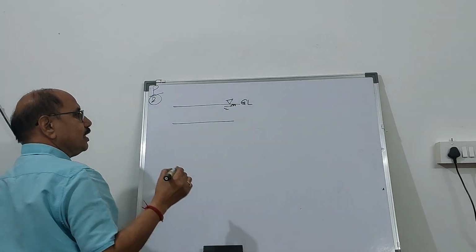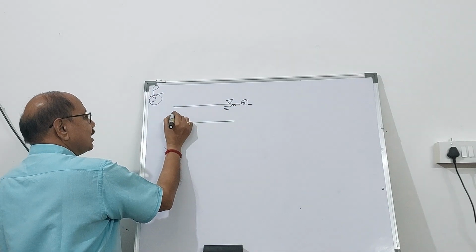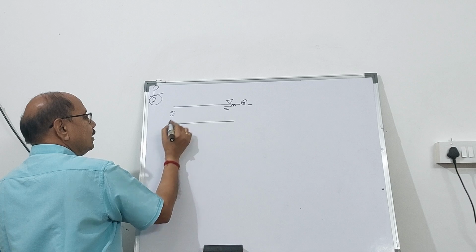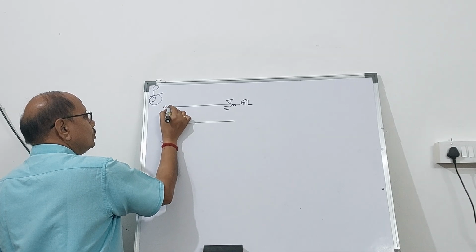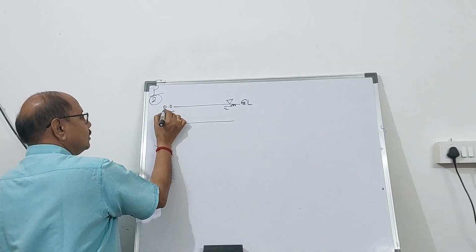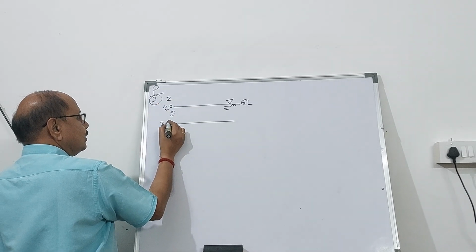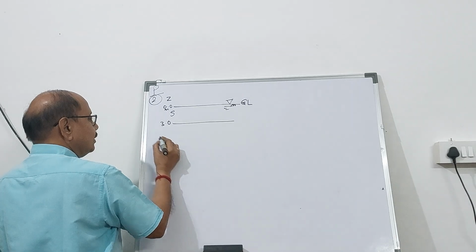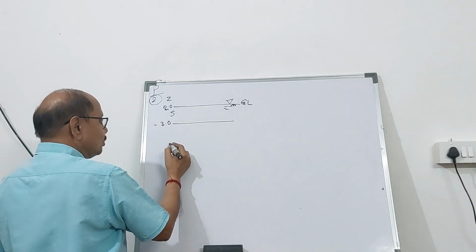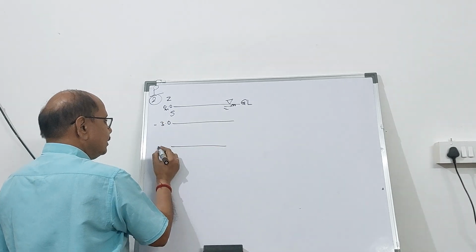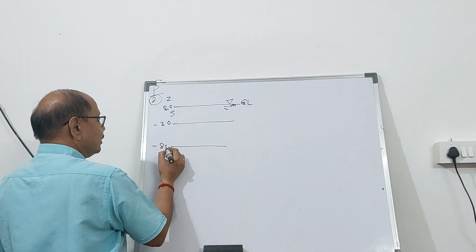So the groundwater table has come over here, and there is sand up to 3 meter. So this is 0 meter Z depth. It is 3 meter. You can say minus because you are going down, and minus 8 meter.